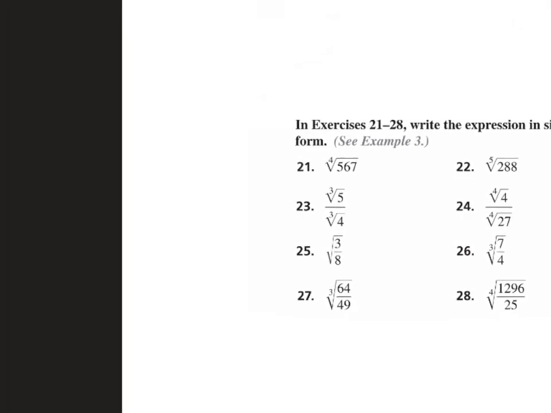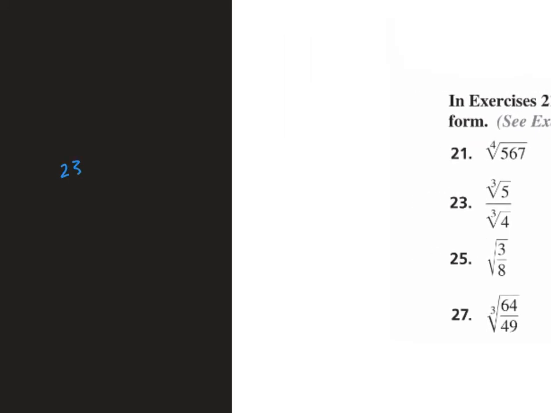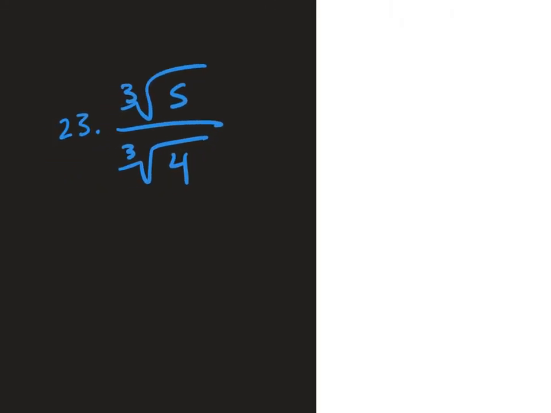Let's look at 23. So I'm going to rewrite it over here. We have the cubed root of 5 over the cubed root of 4. So we want to get that cubed root of 4 out of the denominator.